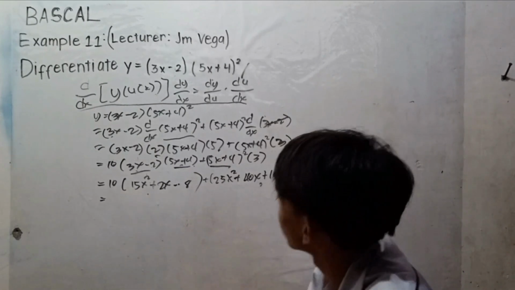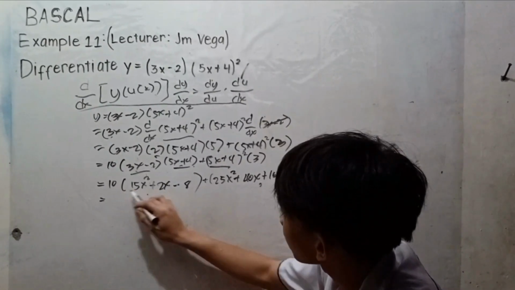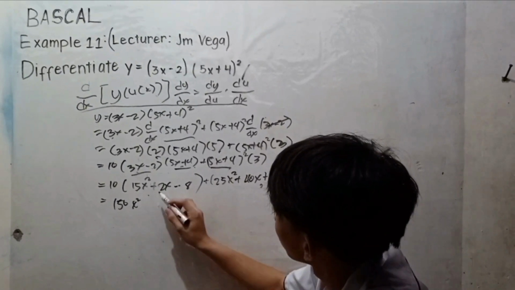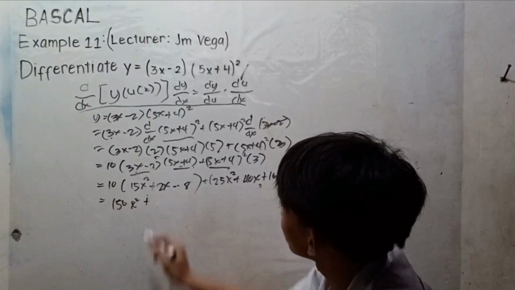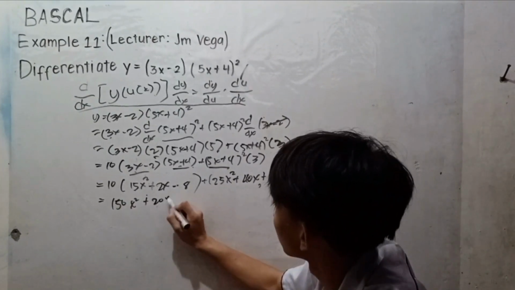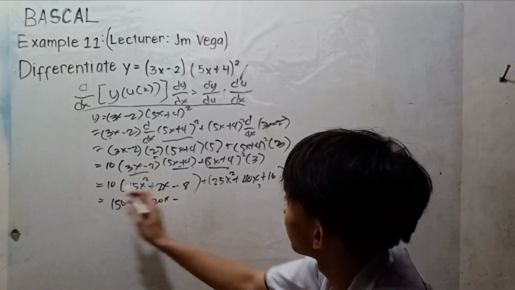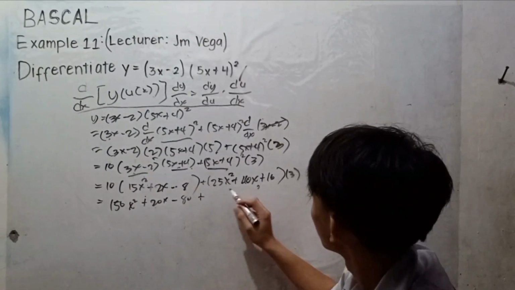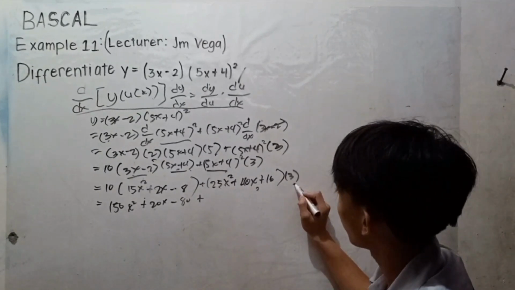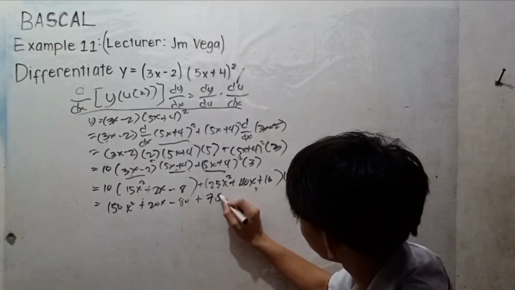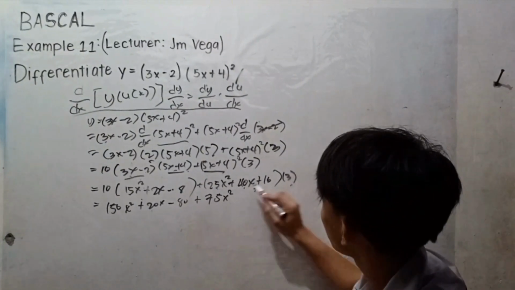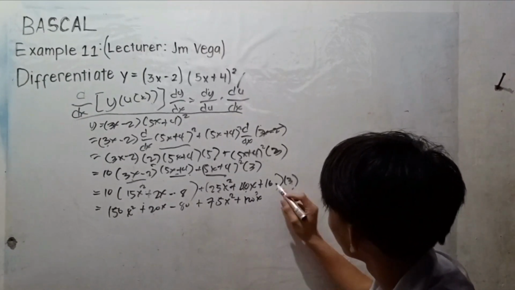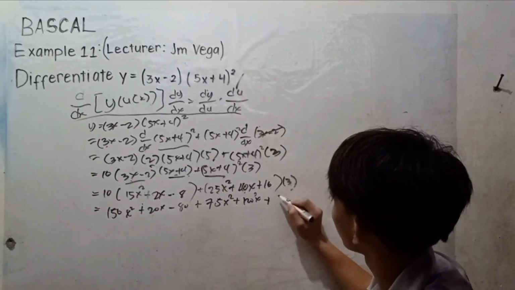After that, we'll just multiply it. So 10 times 15x squared is 150x squared, plus 10 times 2x is 20x, minus 10 times 8 is negative 80, plus 25x squared times 3 is 75x squared, and 40x times 3 is 120x, and 16 times 3 is 48.